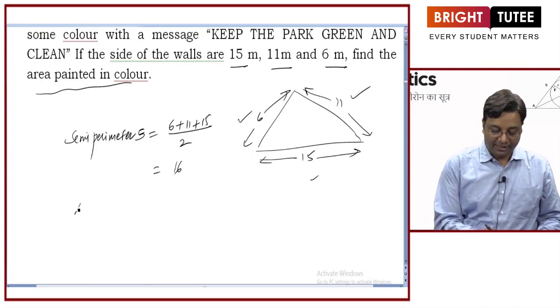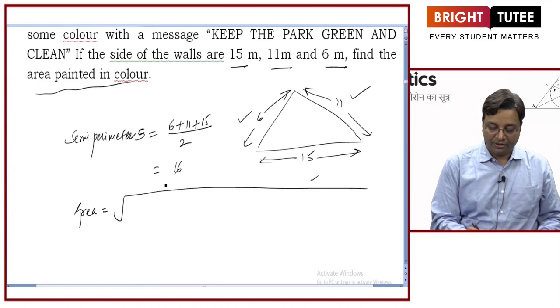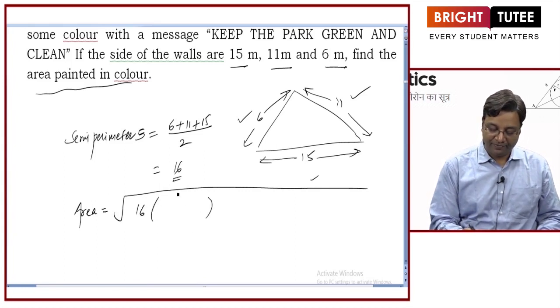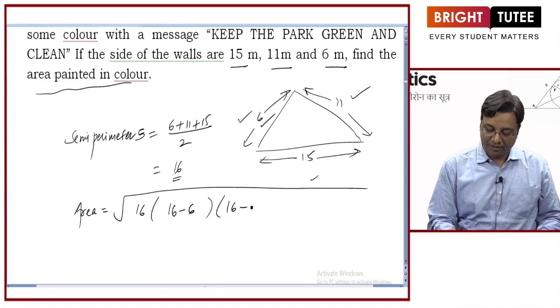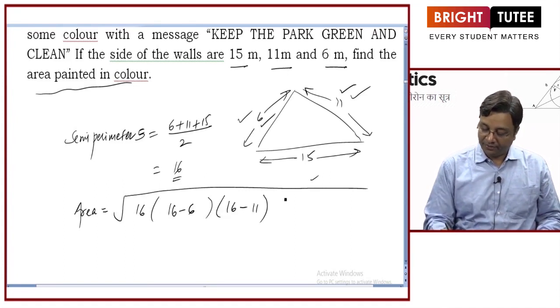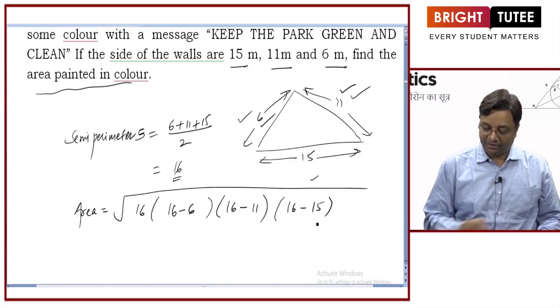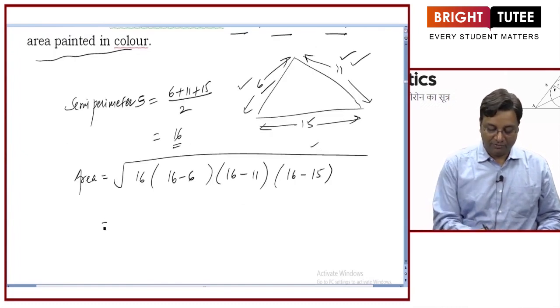Now area is equal to square root of S, which is 16, S minus A, let it be 6, S minus B 11, S minus C, let us take 15. So this will give me the area.